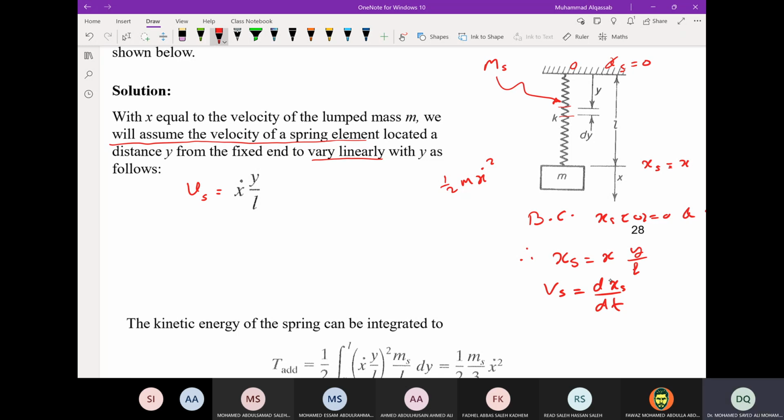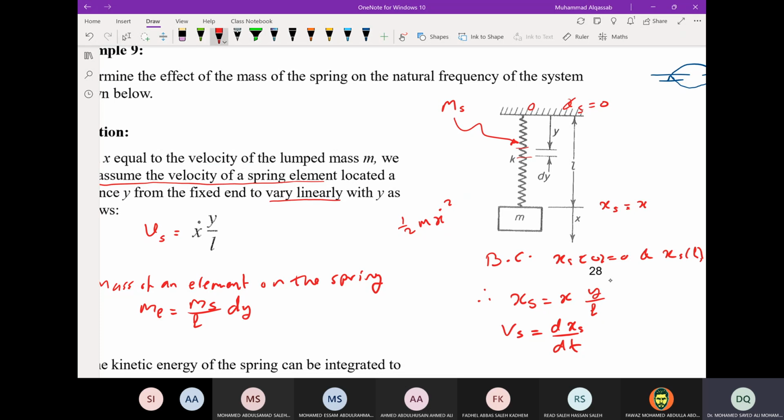So the mass of the element on the spring, for a uniform spring, is me equal to ms over L times dy. ms is the mass in kilograms. You divide by the whole length because this is a uniform spring.